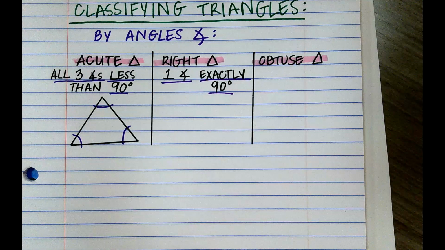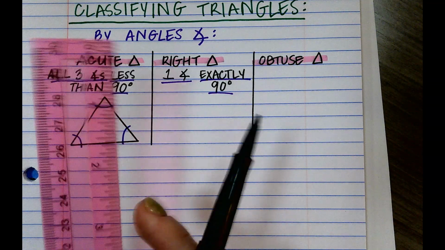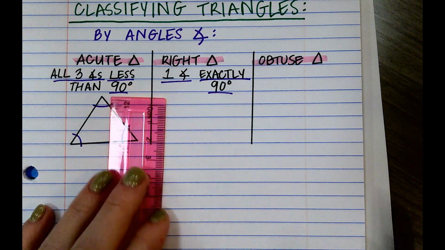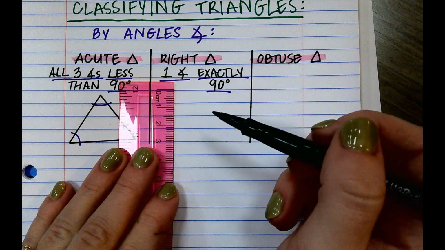The other 2 don't matter. If you see one angle that's 90 degrees, it's automatically a right triangle. So I'll start with my ruler straight up and down, as close to straight up and down as I can get it.